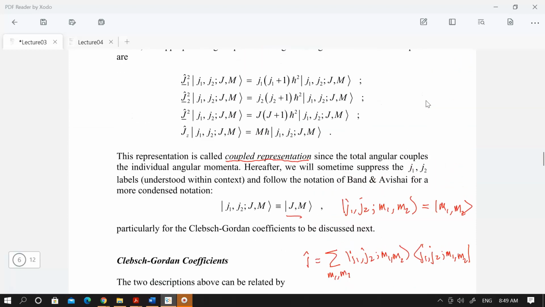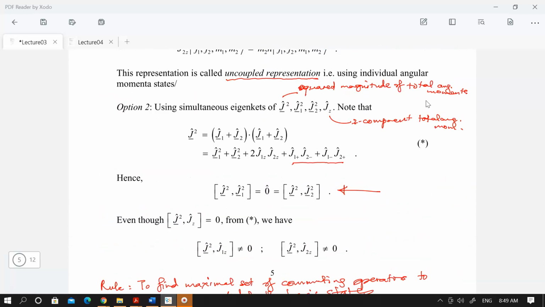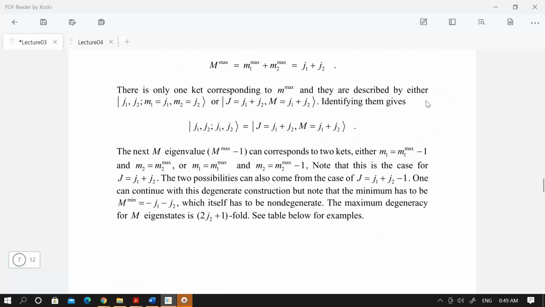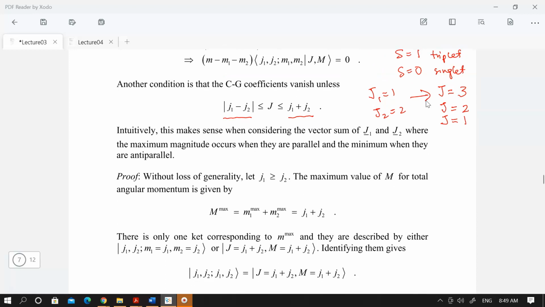One has to use the total step down operator, J minus, which is equivalent to J1 minus plus J2 minus.